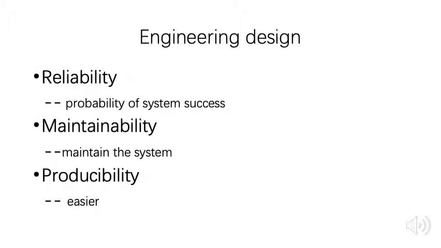Then we will talk about maintainability. This means the degree of difficulty of maintaining the system. It is obvious that the maintainability of applying blockchain to the electrical power system is easy, because the core of blockchain technology is distributed management.